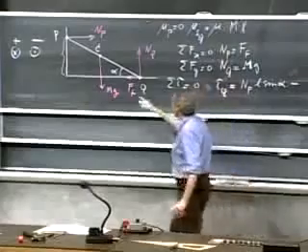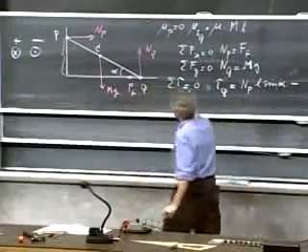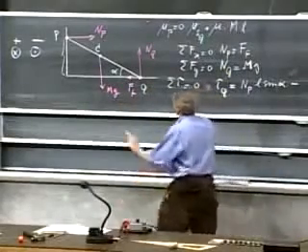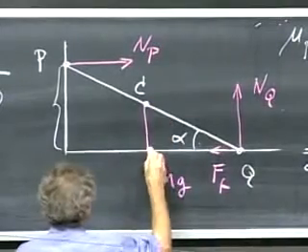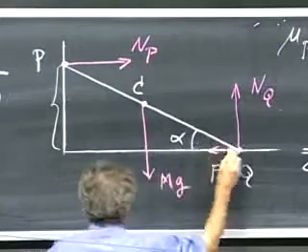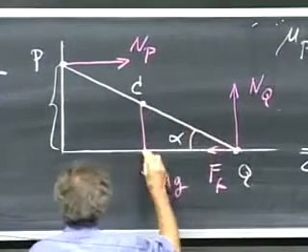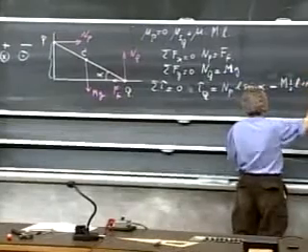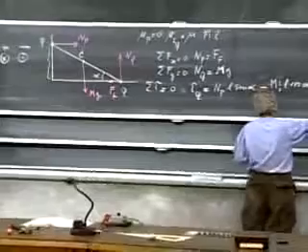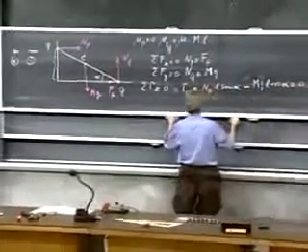The next one, mg, is going to be a negative torque. So now I need the cross product between the position vector and mg. That is the length here, which is 1/2 L cosine alpha times mg. So mg times 1/2 L cosine alpha, and that now must be 0.